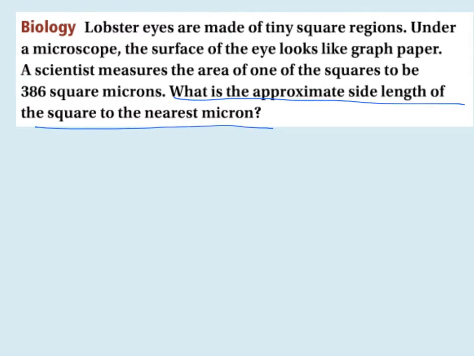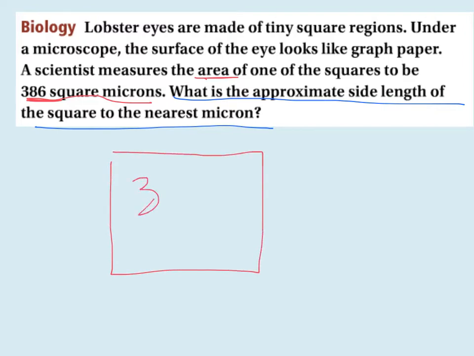So it looks like there's a lot of words here. If I just wanted to pick out the math, here's where my number is, 386 square microns. That's telling me that's the area. So if I were to just draw one square, this is saying this whole thing is worth 386 microns squared. It's asking you what is just one side length.